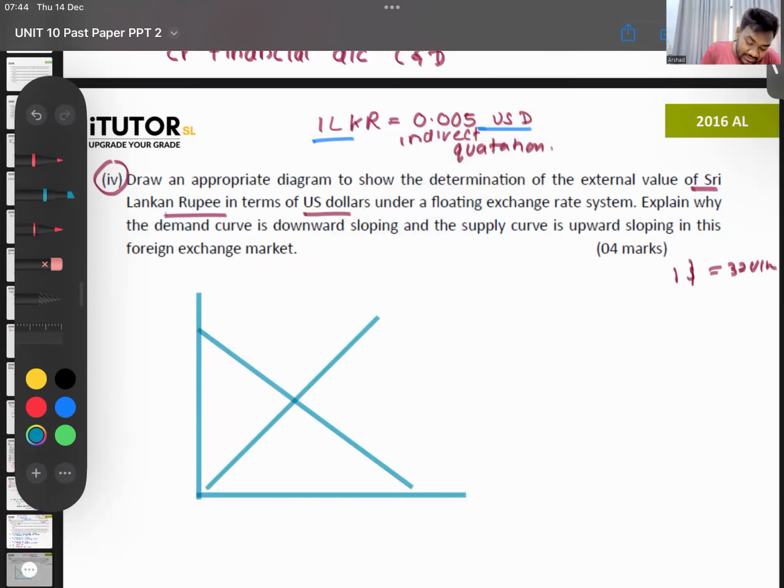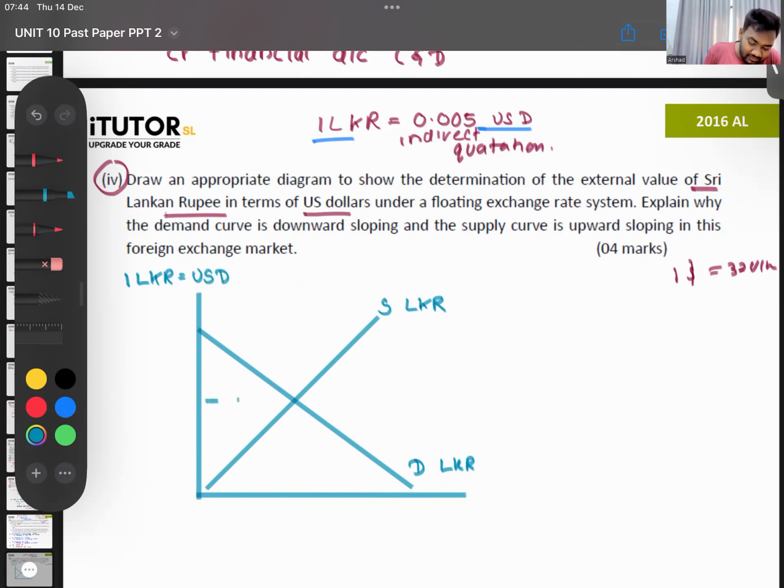This is the supply of rupees, LKR. This is the demand for rupees. Then over here is 1 LKR equals how much US dollar.